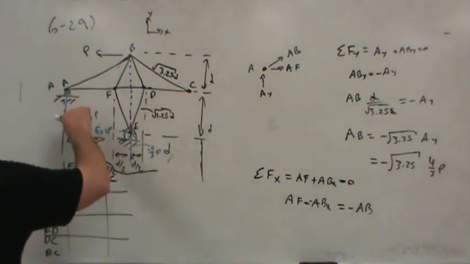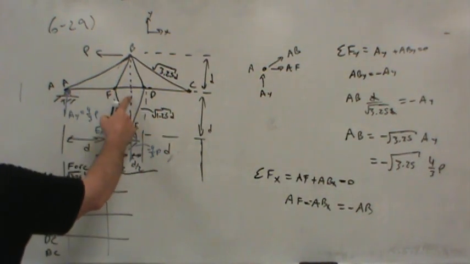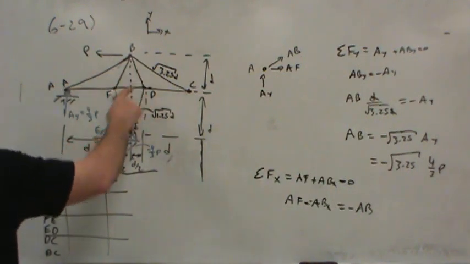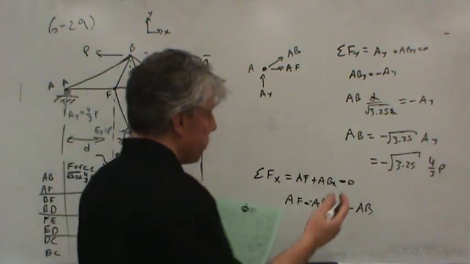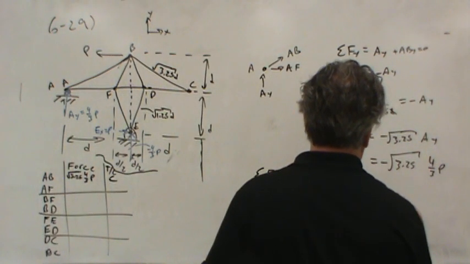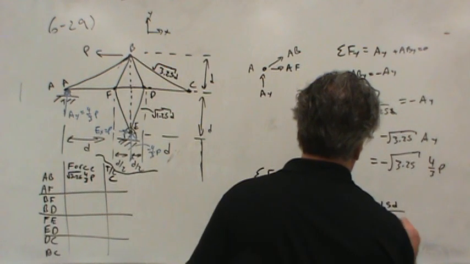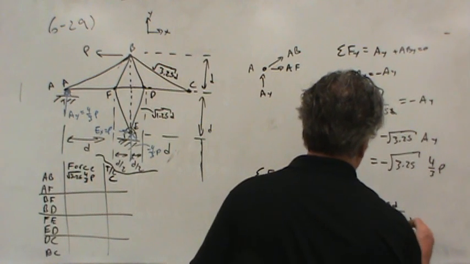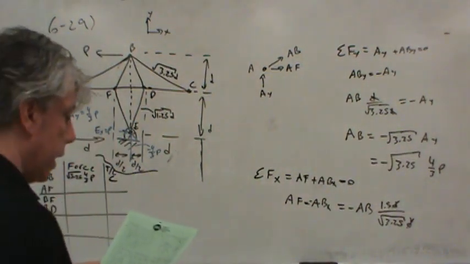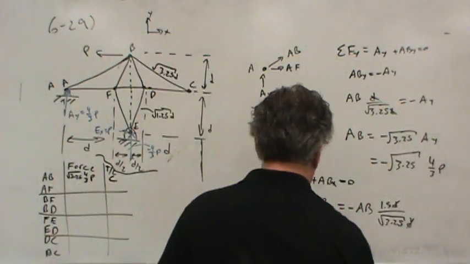Well, that would be this length, which is 1.5 D, over the hypotenuse, root 3.25 D. So 1.5 D over root 3.25 D. The D's cancel. And now we can plug in AB.